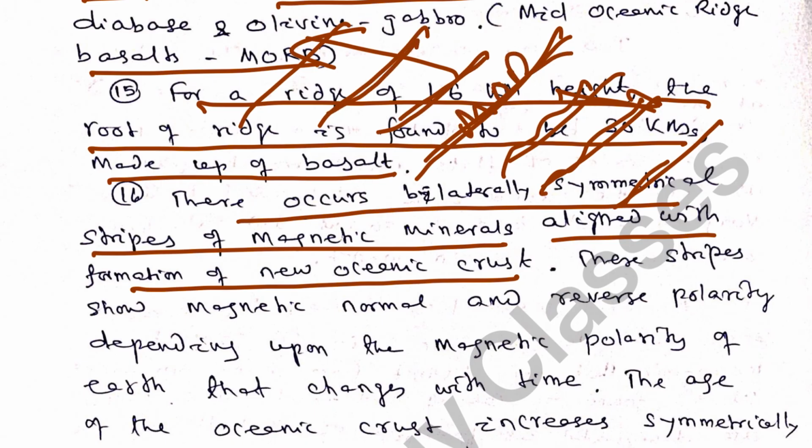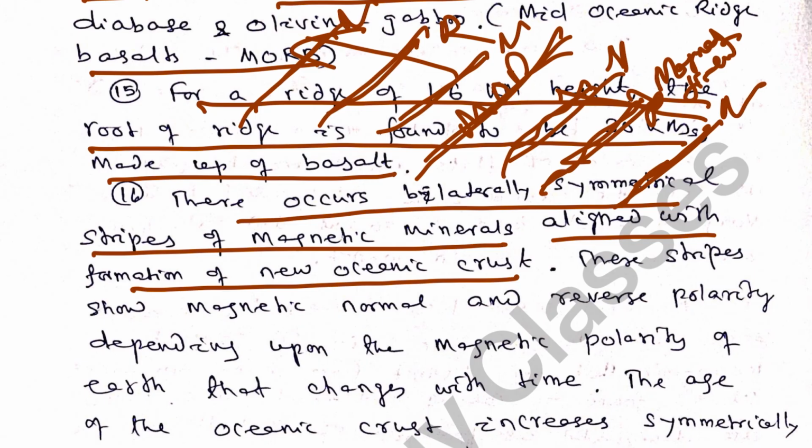If the magnetic field of these magnetic minerals is studied, they present magnetic normal, magnetic reverse, magnetic normal, magnetic reverse polarity, depending upon the polarity existing at the time of formation of these igneous rocks, these volcanic rocks.